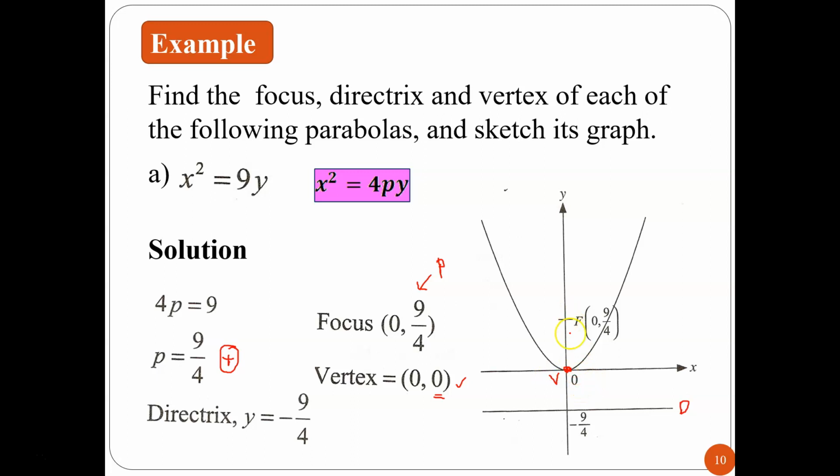And this is your P. From here to here, you have another P. It's just that this one goes down below the graph. So you will have 0, negative 9/4. That's how it is. The one above is the focus.